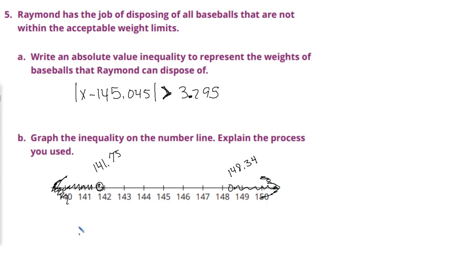So we want when x is less than 141.75, or, because it has to be either side, it can't be both, when x is greater than 148.34.